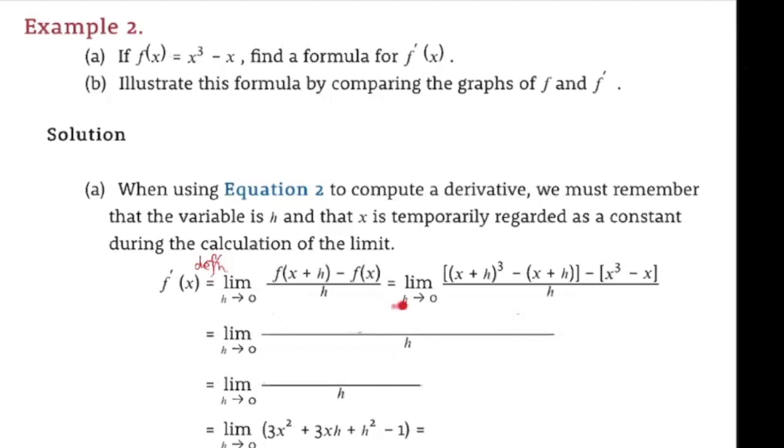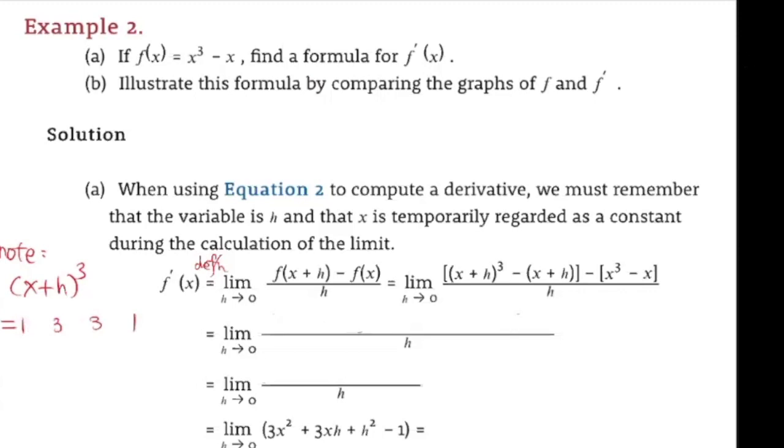Now we take the limit of this quotient. To do that, we can expand this perfect cube. Remember, we reviewed the formula for the perfect cube. So note (x plus h) cubed. Remember the Pascal triangle. The coefficients will be 1, 3, 3, 1. So it's 1 x cubed.